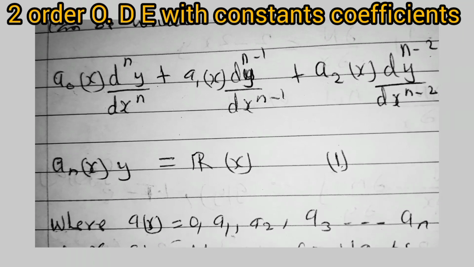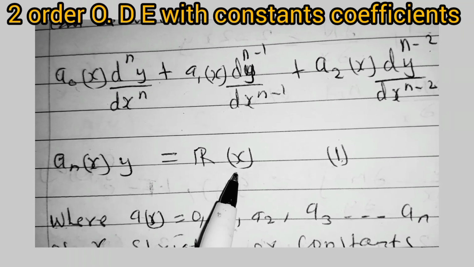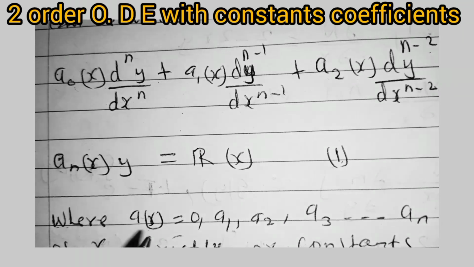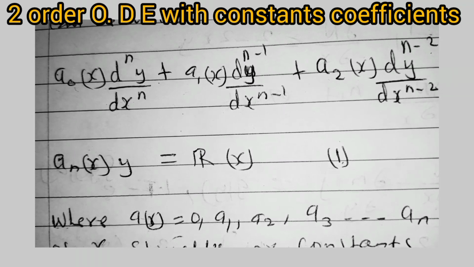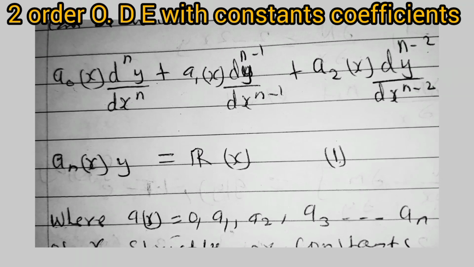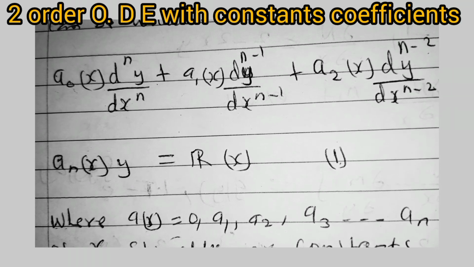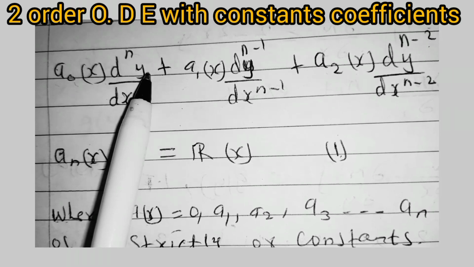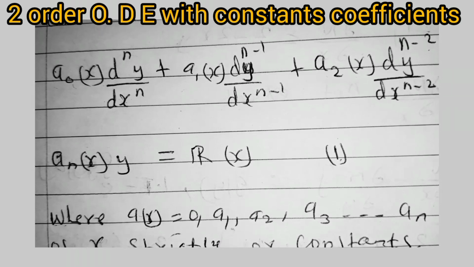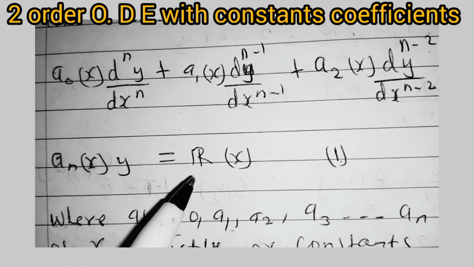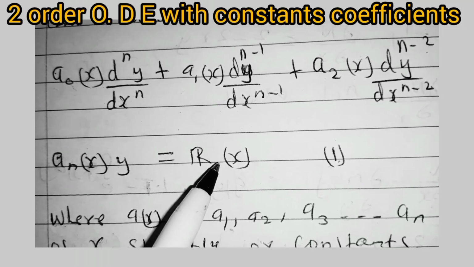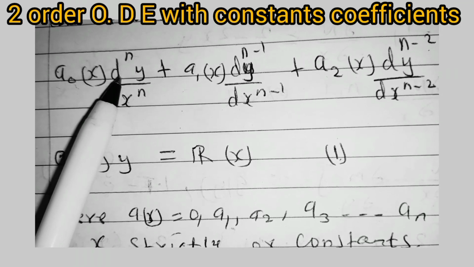Now, if r of x is equal to 0, then equation 1 is homogeneous when all the values of y are of the same degree, and its derivatives. So those are the three possible cases. Where r is equal to 0, we have this equation being homogeneous.